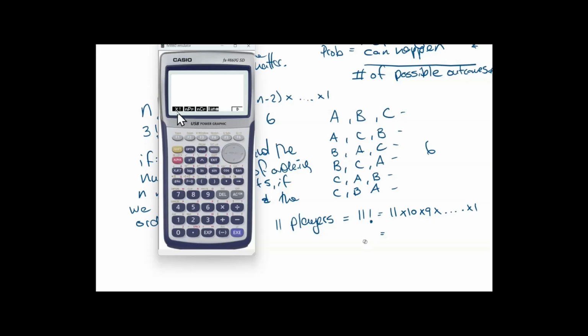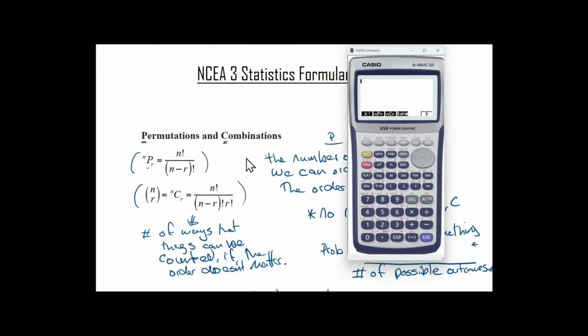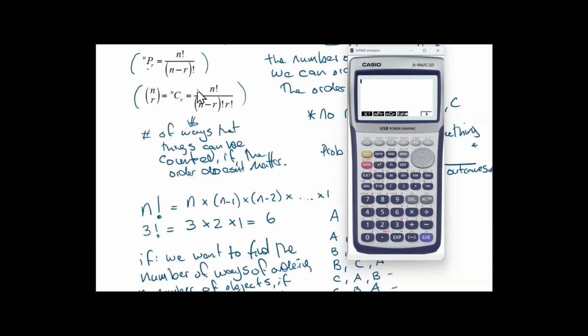So this is x factorial, so some number factorial. This is NPR. We're going to work out what these mean in a second. NCR. So these formulae that are in the formula sheet are preloaded into your calculator. But sometimes you need to rearrange it, so it's always good to know the mechanics of how it works.